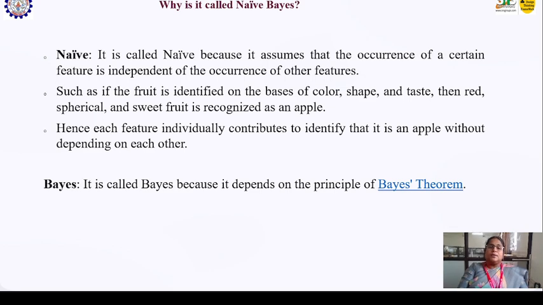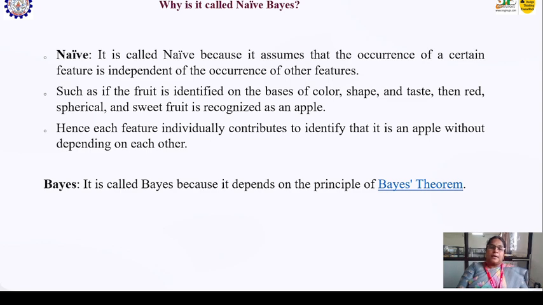So all these are features that describe a particular fruit called apple. Each feature individually contributes, which means that each feature is independent of the other features. So naive Bayes easily classifies those independent features, and it also checks the predicted and the actual output, and the accuracy of those outputs. All those classifications are done by the naive-Bayes algorithm.